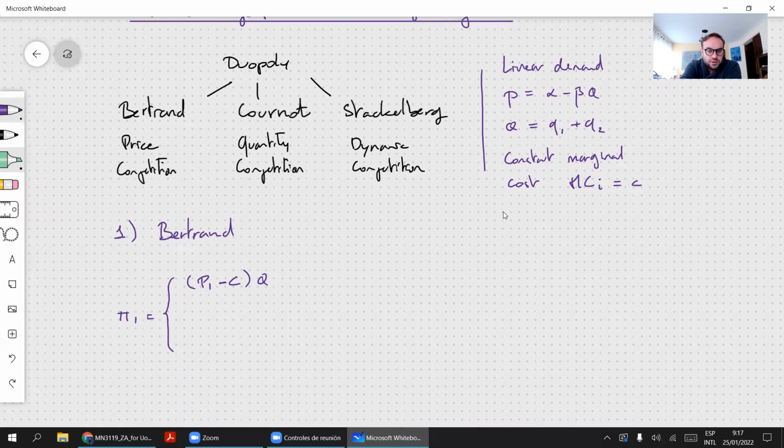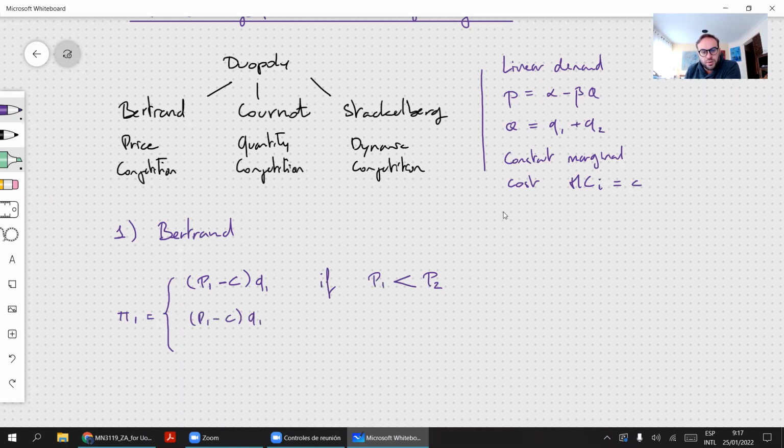I'm going to do lowercase, so this is clearer, and this is going to be the profit if the price of firm 1 is smaller than the price of firm 2, right? If not, my profits are going to be (p1 - c) times q1.